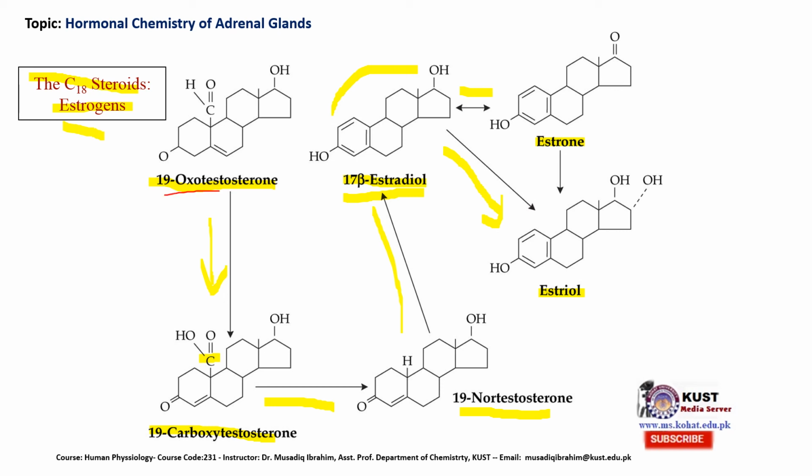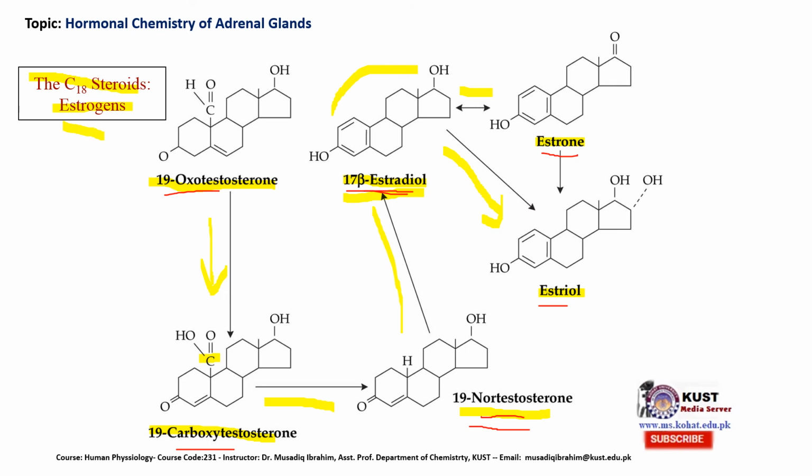So it means that starting from 19-oxo-testosterone, which contains 19 carbon atoms, while 19-carboxy-testosterone also contains 19 carbon atoms, and then further 19-nor-testosterone also contains 19 carbon atoms. But when 19-nor-testosterone is being converted into 17-beta estradiol, then 17-beta estradiol, estrone and estriol all contain only 18 carbon atoms.